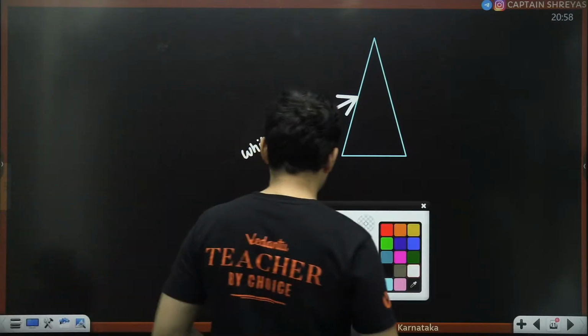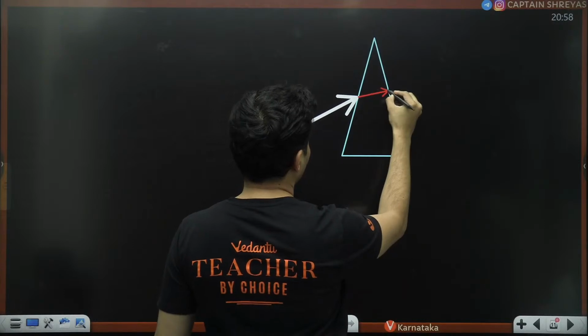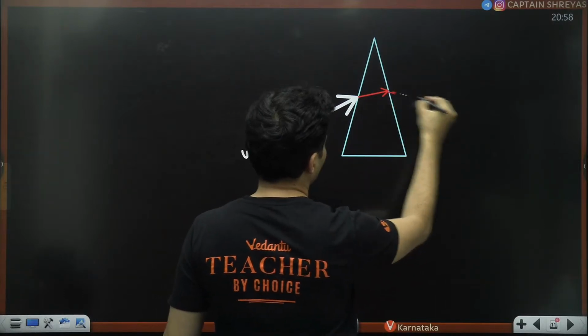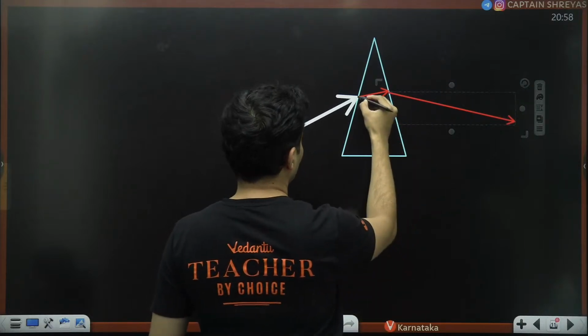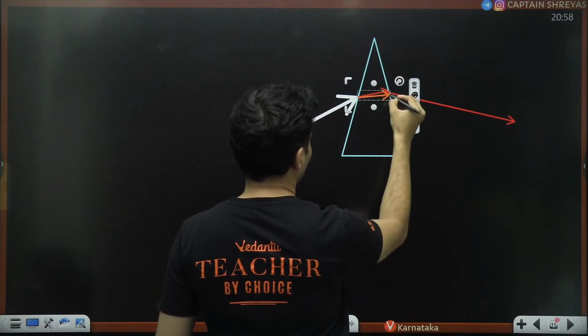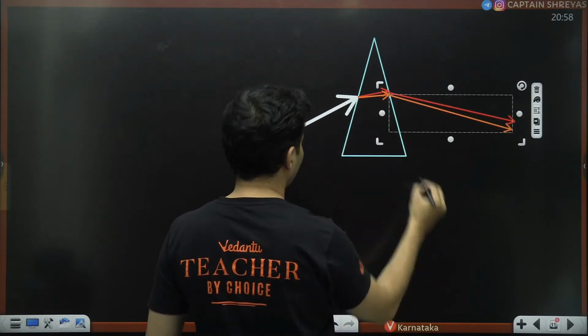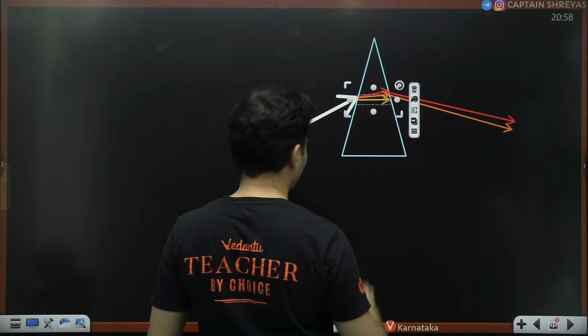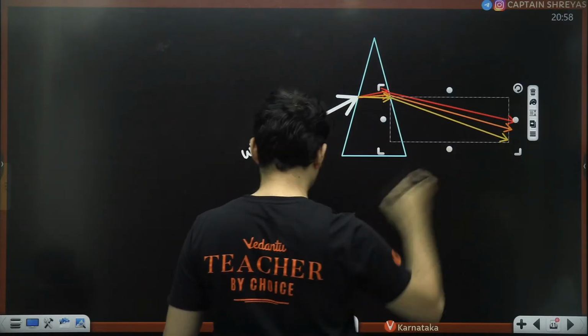So what you will notice is that the red color will probably be here, probably go like this. Then you will have obviously orange color and so on and so forth. Then you will have the average color, which is yellow.